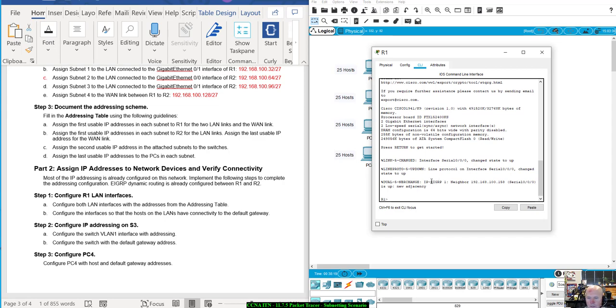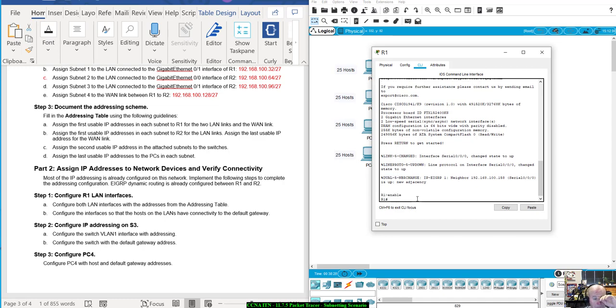You can see EIGRP is running because it's doing neighbor stuff. So configure both LAN interfaces for R1.